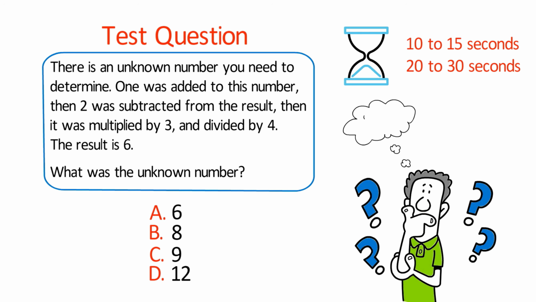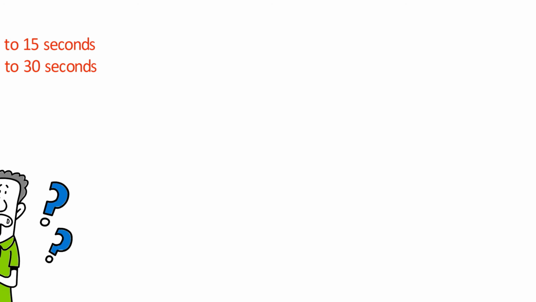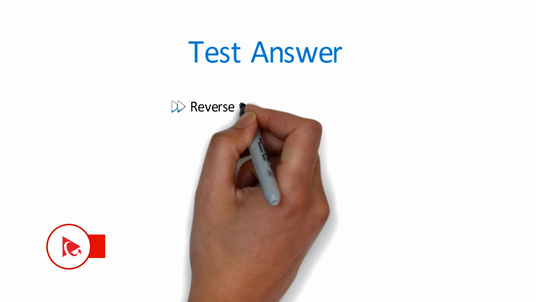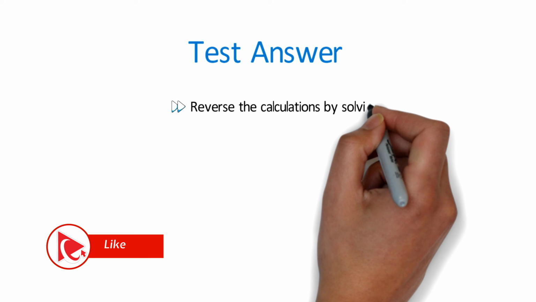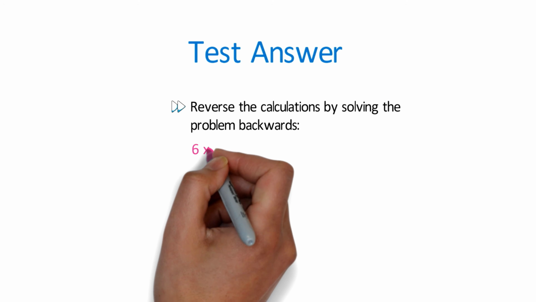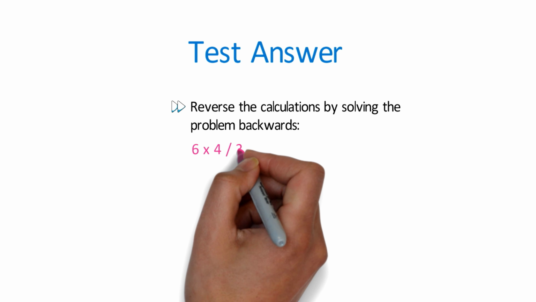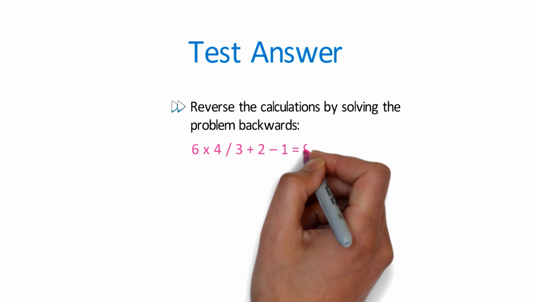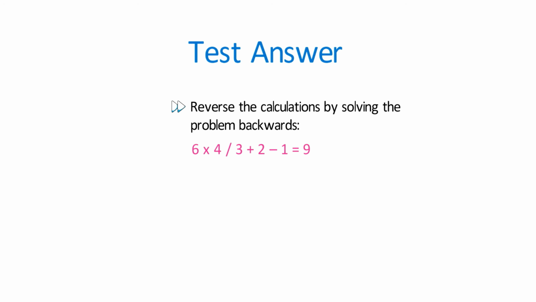Ready or not, I am going to continue and reveal the correct answer as well as the solution on how to solve these types of challenges. The best way to solve these types of challenges is to reverse the calculation by solving the problem backwards. So what we can do, we can multiply 6 by 4, then divide by 3, add 2 and subtract 1. And the result of these calculations is 9.